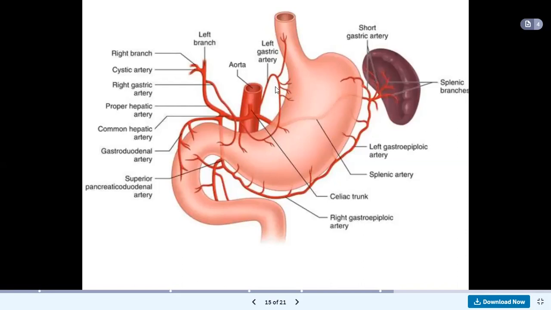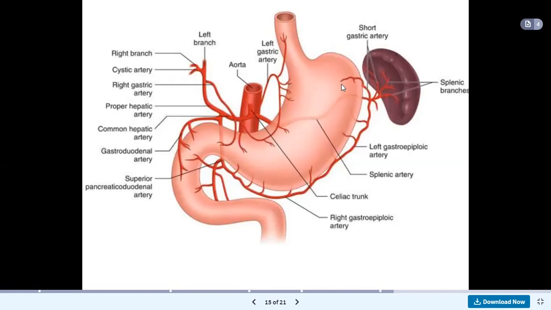The left gastric artery supplies the upper part, while the right gastric artery supplies the lower part of the right side of the stomach and the pylorus. So that is the blood supply to the right part of the stomach.